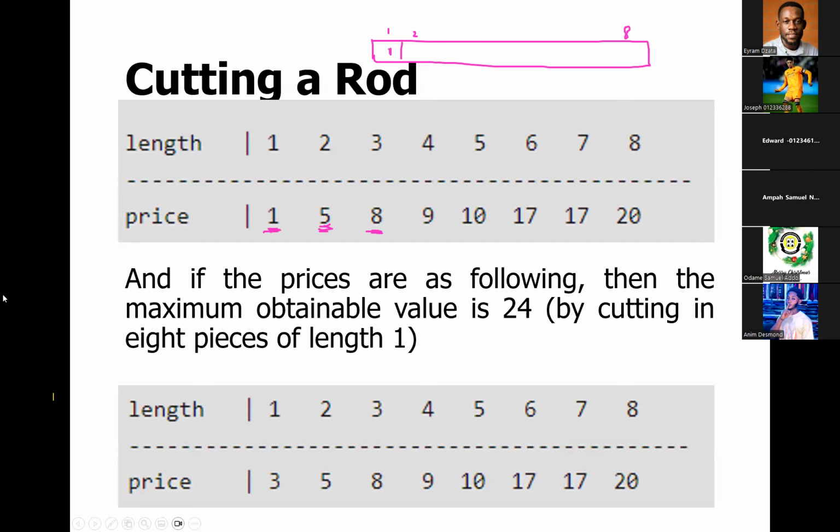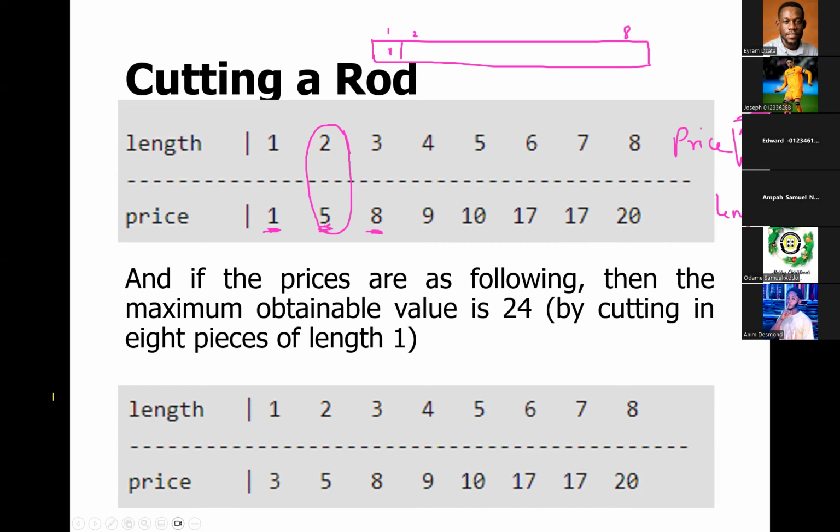So the previous example was saying that you should get a maximum price, a maximum value. The price should be 22. How are you going to cut it? You take a rod of length 2, which is this one.